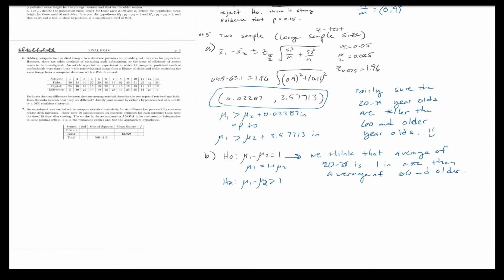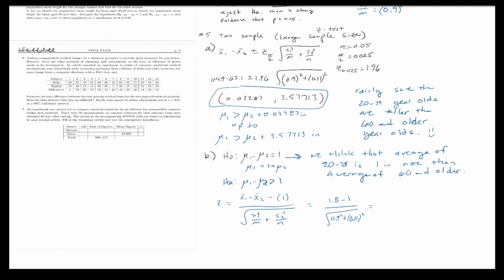Alpha equals 0.01. So our test statistic Z is going to be x1 bar minus x2 bar minus, in this case, 1, all over the square root of s1 squared over m plus s2 squared over n. And so that is going to be, let's see, I think the difference is already 1.8, right? 64.9 minus 63.1 is 1.8. So 1.8 minus 1 over the square root of 0.9 squared plus 0.11 squared.